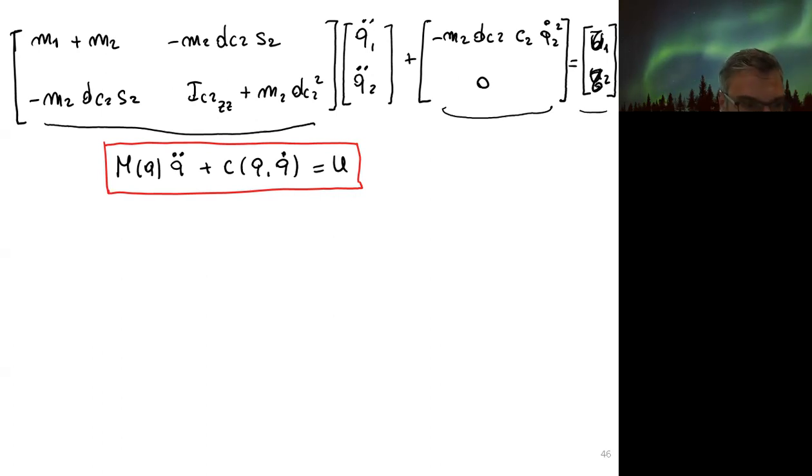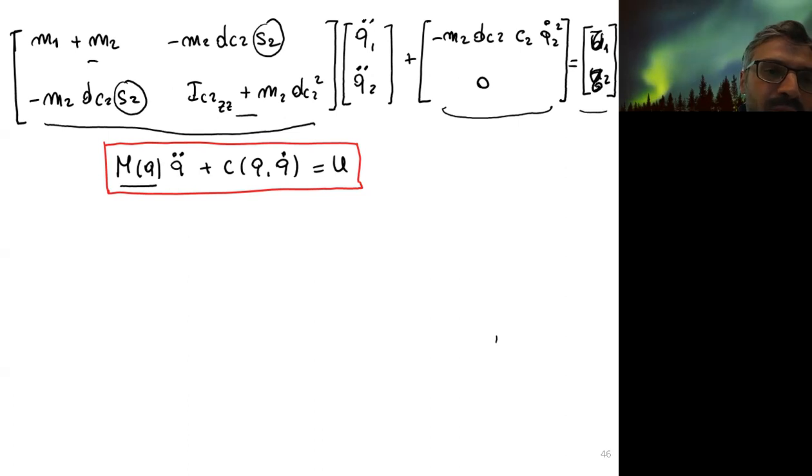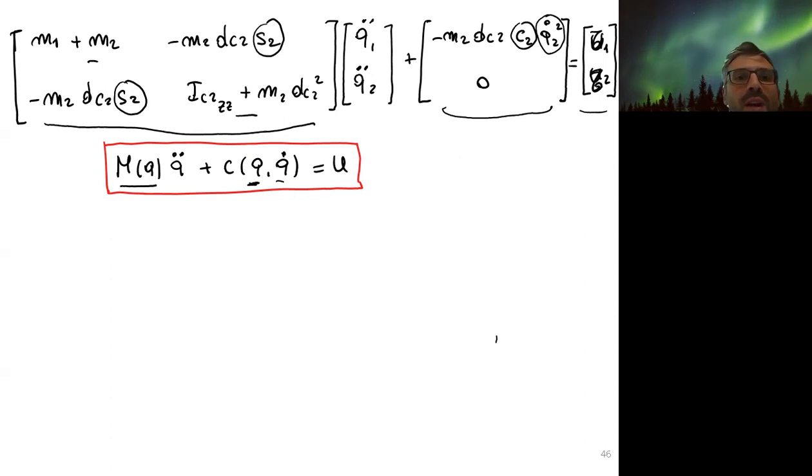And this is the dynamic model of this PR robot manipulator, where we concisely name the inertia matrix M of Q, function of Q, because we have a dependency on Q2. So we have a dependency on position, even though these terms are constant. And here also we have a dependency on position, but also dependency on the velocity, on Q dot, okay?